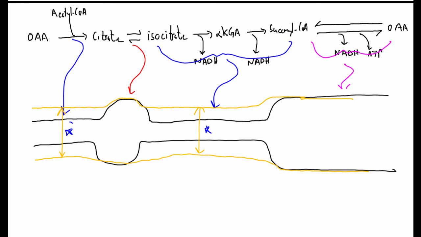So it's very possible in those scenarios that the pathway would look something like this, where our rate limiting steps become even more rate limiting than what we had originally drawn them.